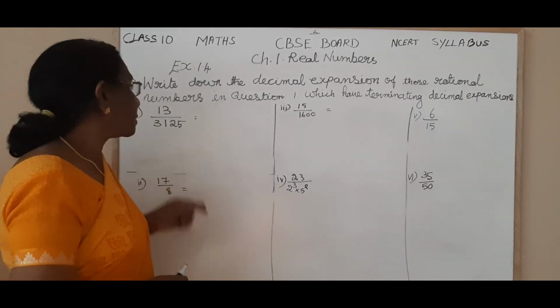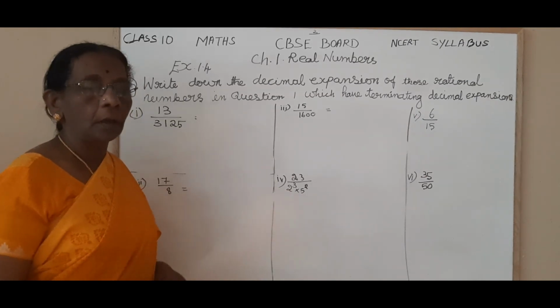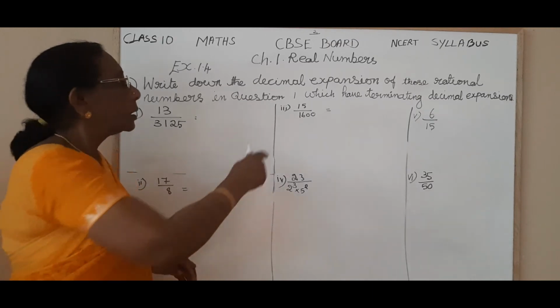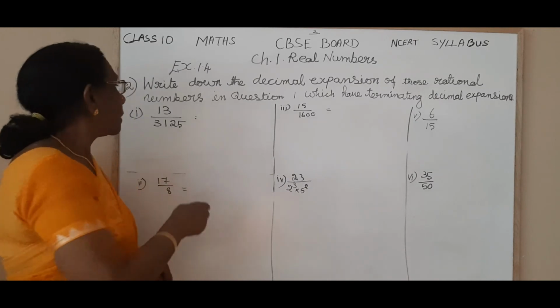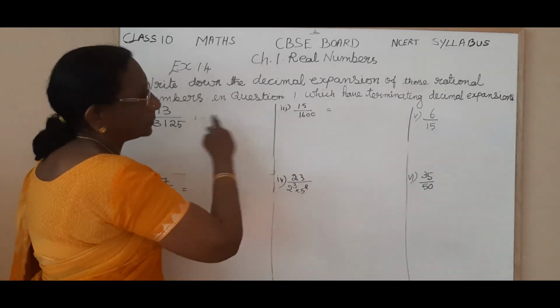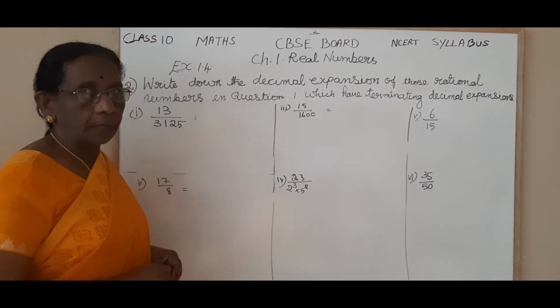Now, in this session, we are going to find the decimal expansions of those rational numbers in question number 1. We found that only these 6 rational numbers represented terminating decimals.